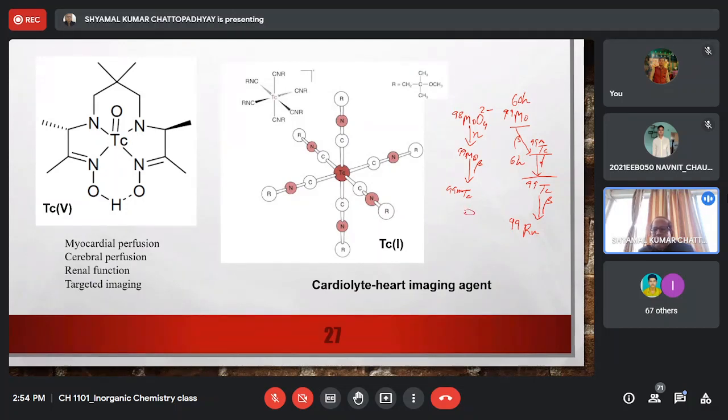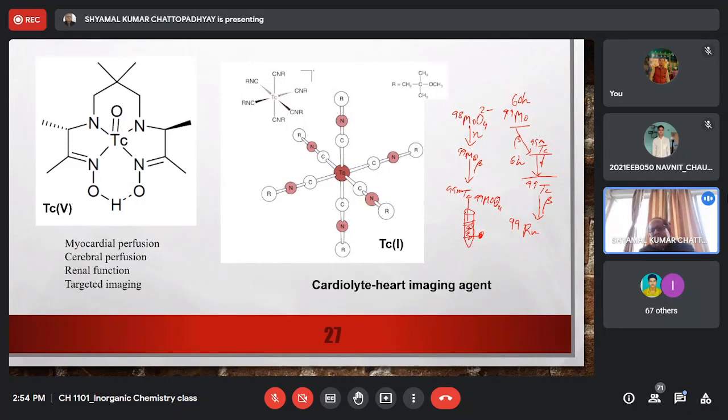What they have is a column, with a stopcock here, and some column material is stacked in it. They inject the molybdate-99 from the upper side, and they elute, charging the column with sodium chloride.